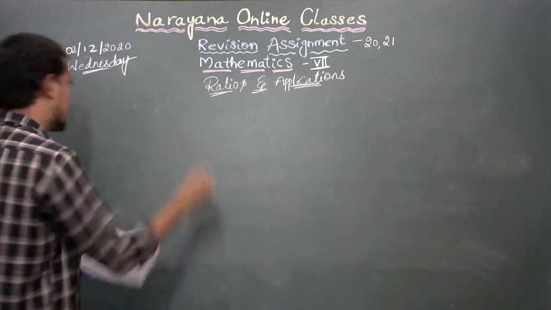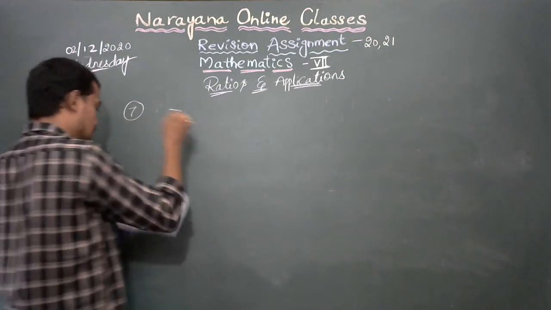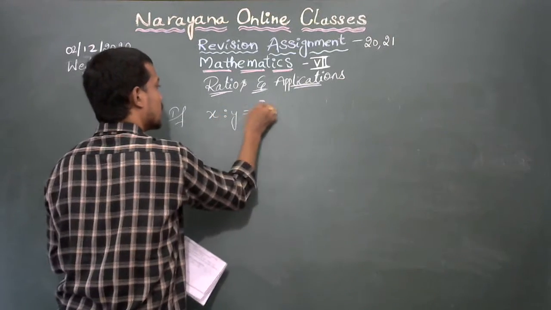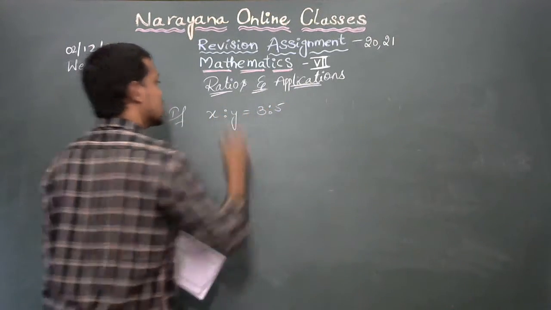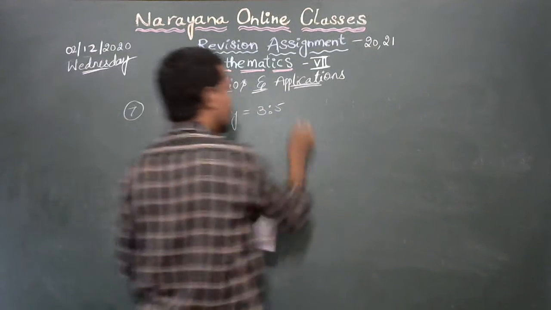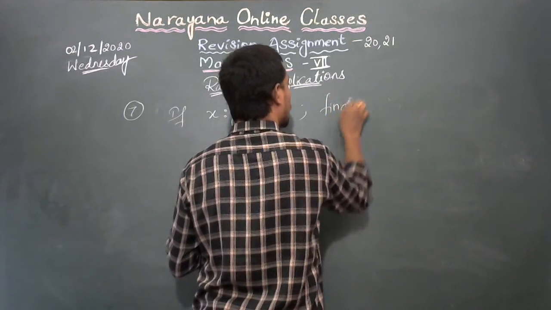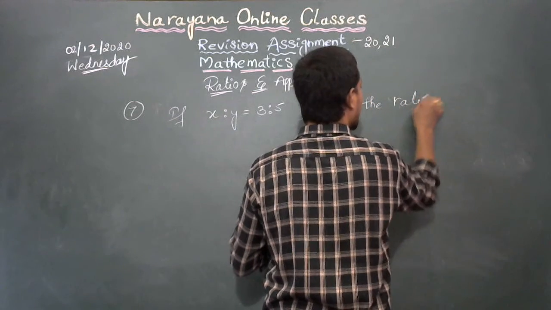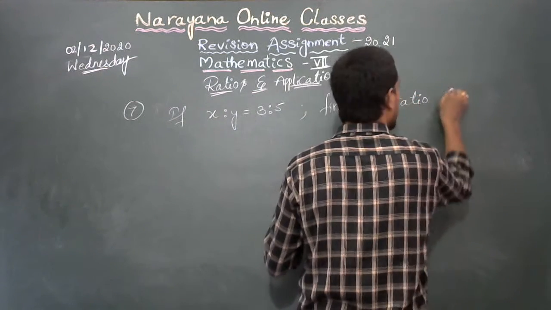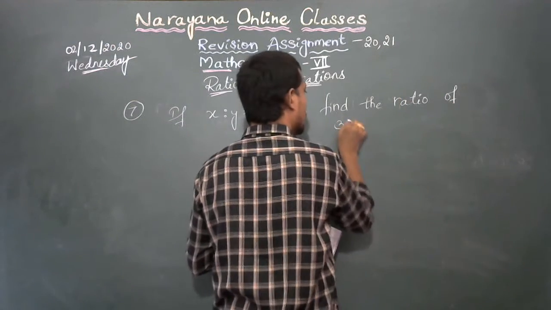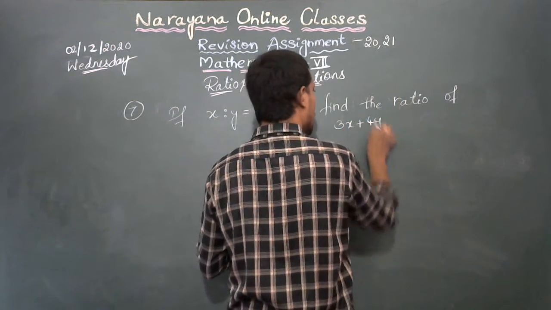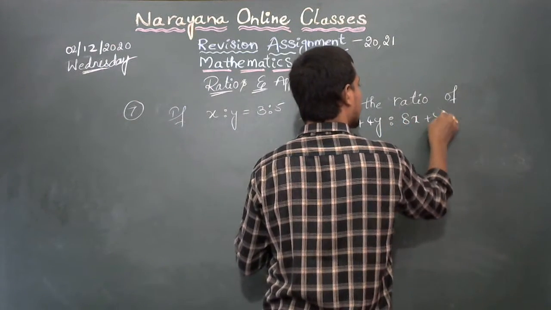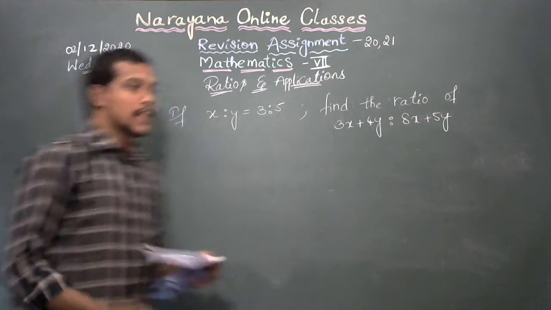Now, seventh one. If x is to y equal to 3:5, find the ratio of 3x plus 4y is to 8x plus 5.